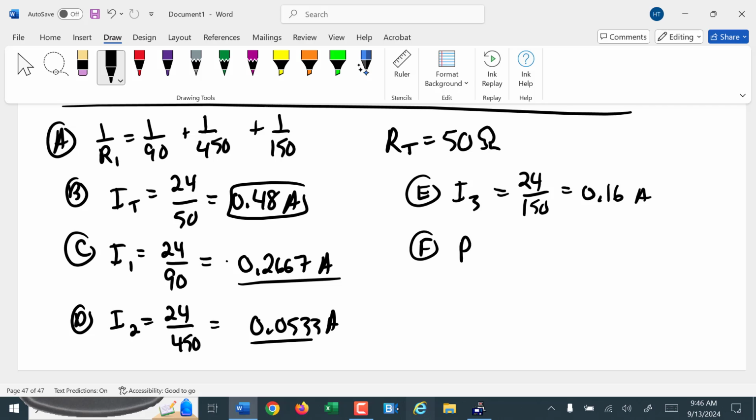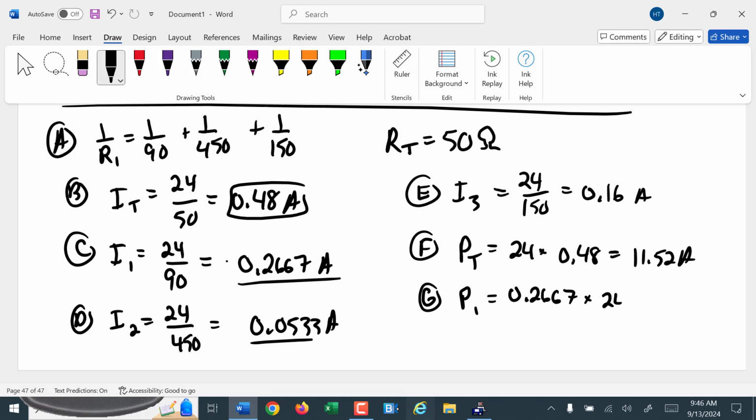F, total power, is going to be the voltage of 24 times the total current of 0.48, 11.52. And G, power through 1. Well, we found I1 is 0.2667 times the voltage of 24 is 6.4.